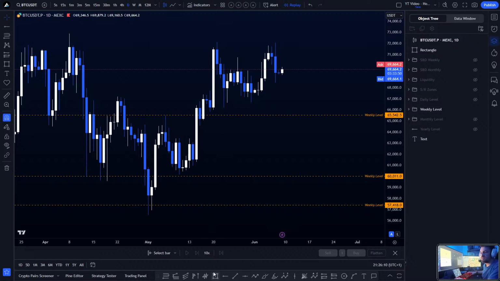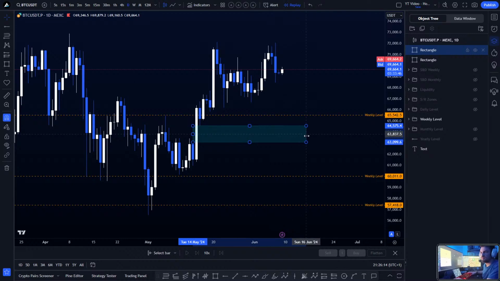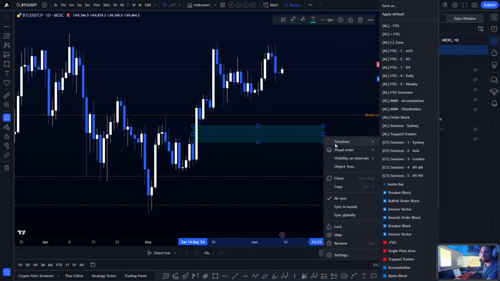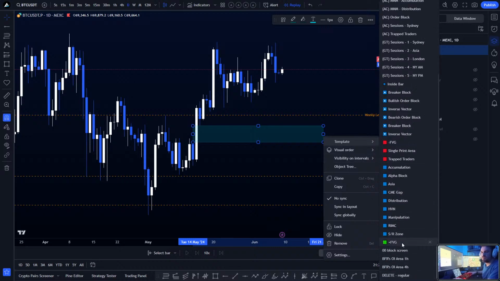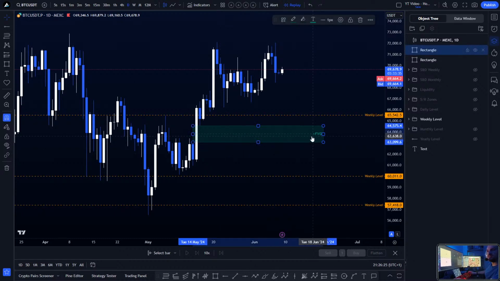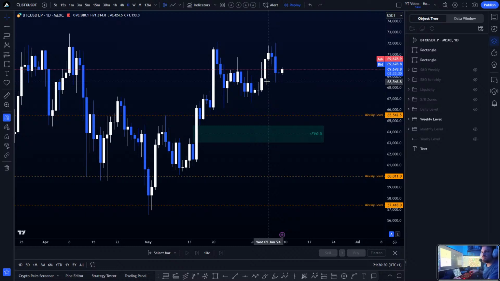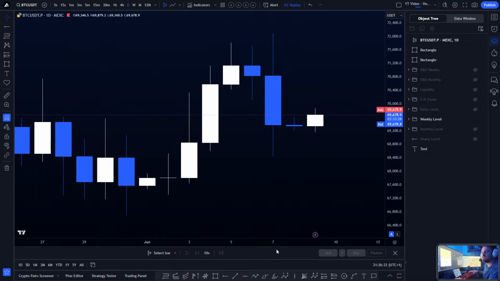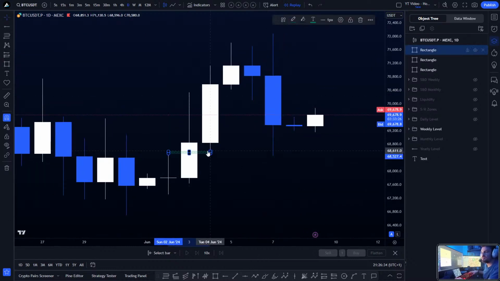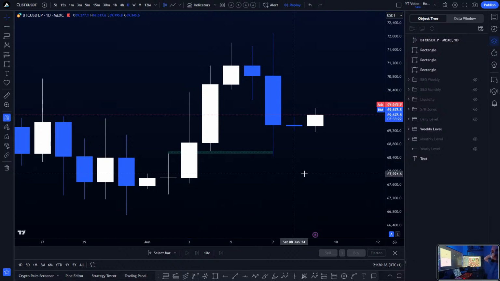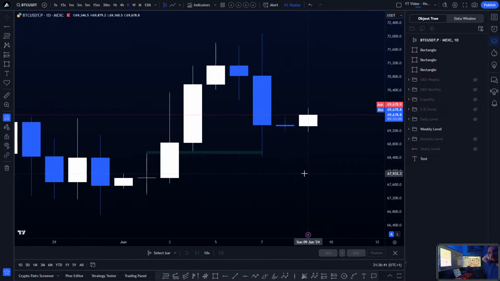And we have an untested fair value gap here. Okay, this is on the daily. We don't have anything left to test except what was already tested two days ago. Okay, that little guy.